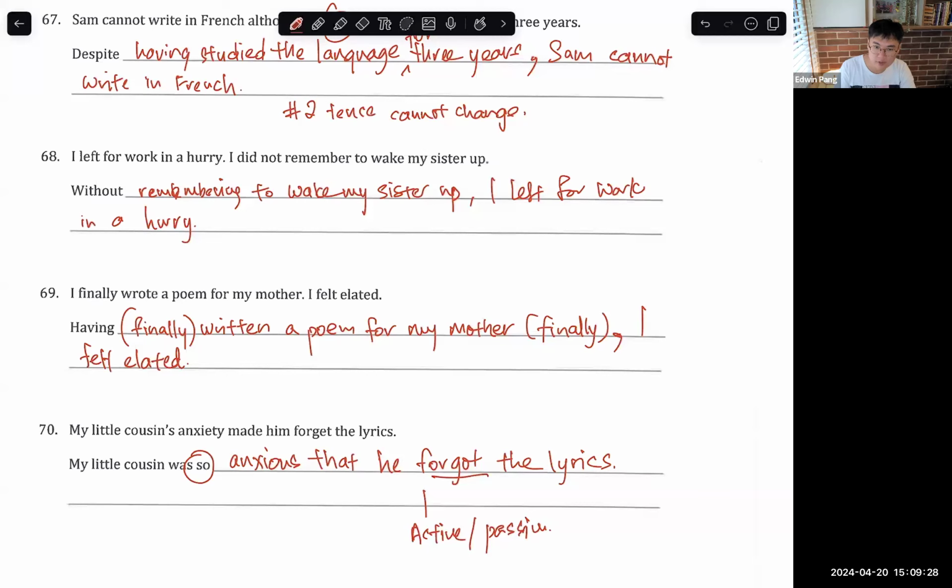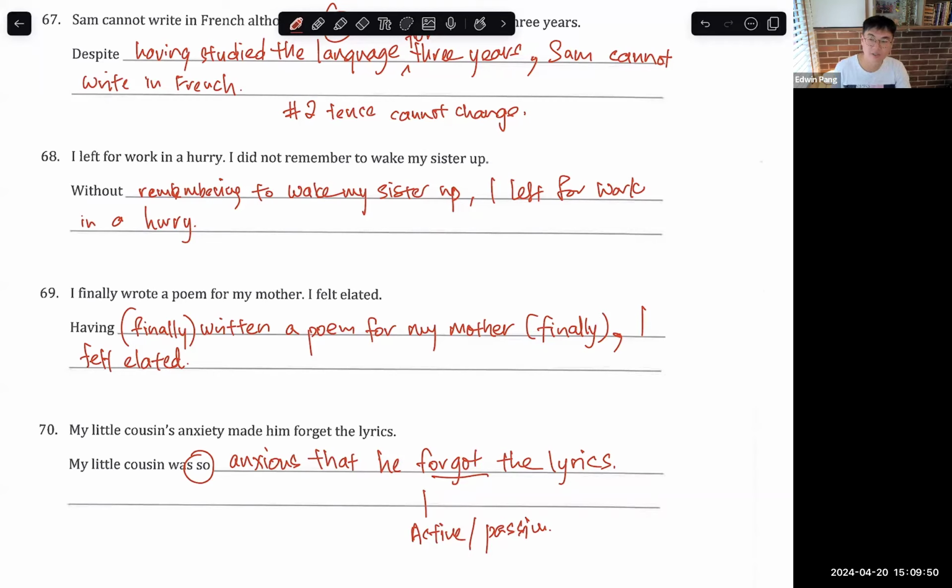Question 68, without remembering to wake up my sister. No, wake my sister up. Cannot be wake up my sister. Wake up my sister is English already. So cannot. Okay, Lucas, wake my sister up. And then question, my little cousin was so anxious that it made him, no, cannot.